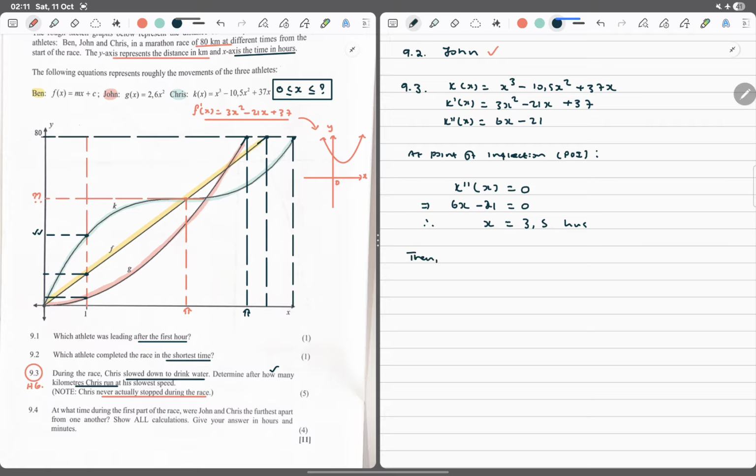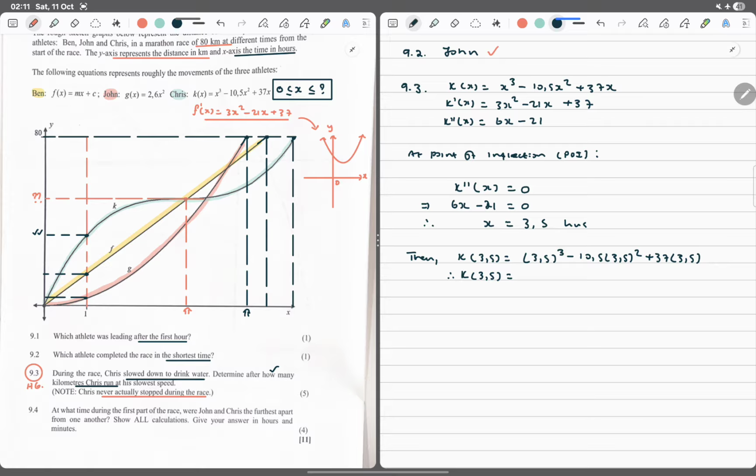Now, we are looking for the corresponding y value. We know that k of 3,5 is going to be 3,5 cubed minus 10,5 into 3,5 squared plus 37 into 3,5.